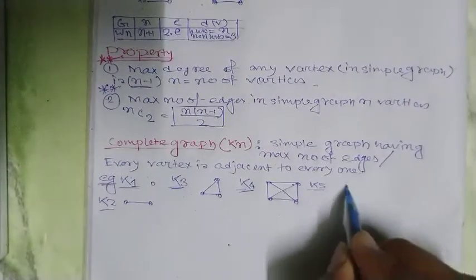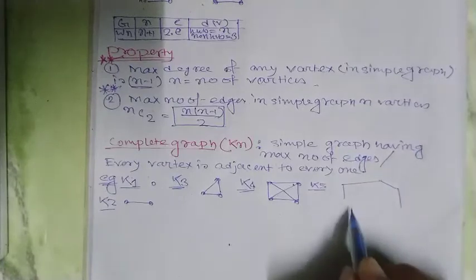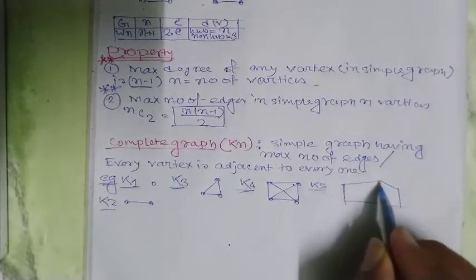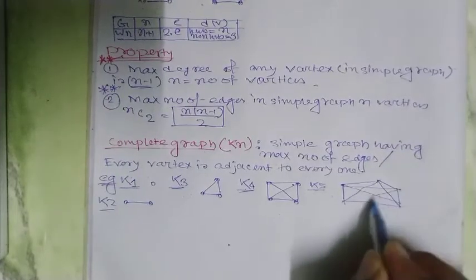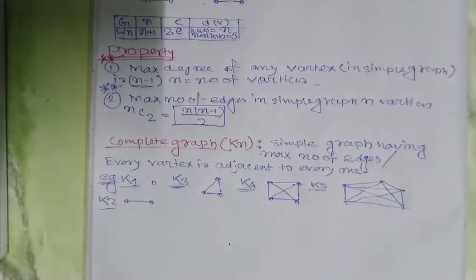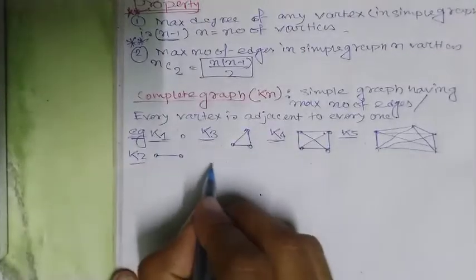K5, having five vertices, and make all the pairs adjacent pairs, like this. Okay, now see the table.